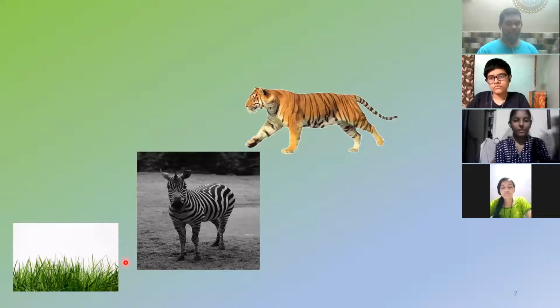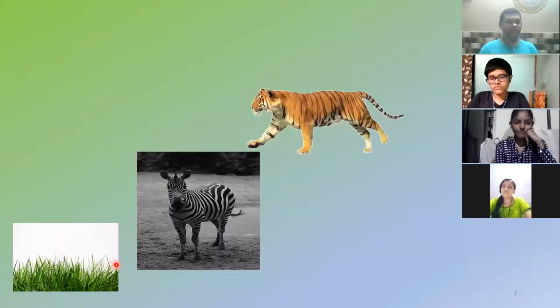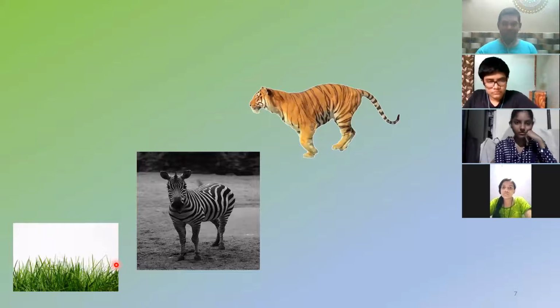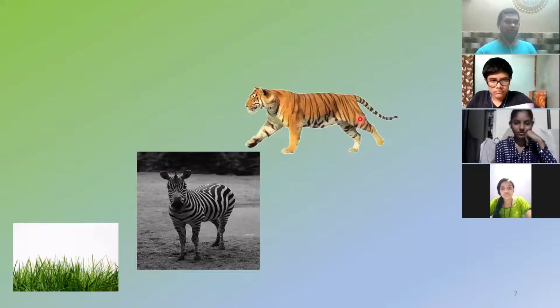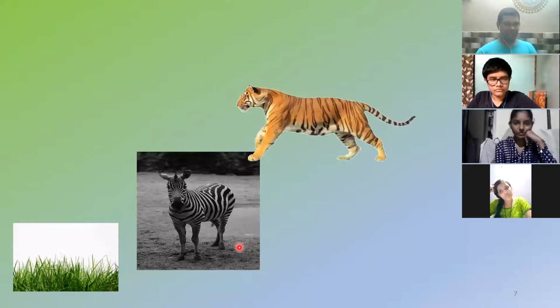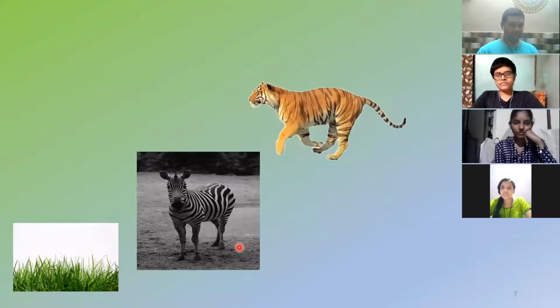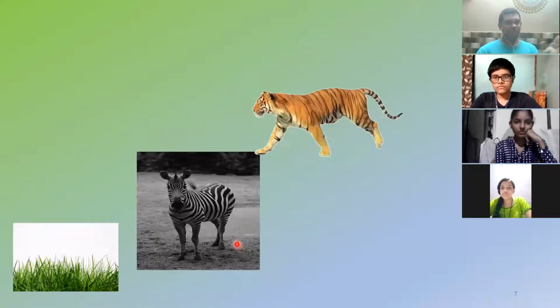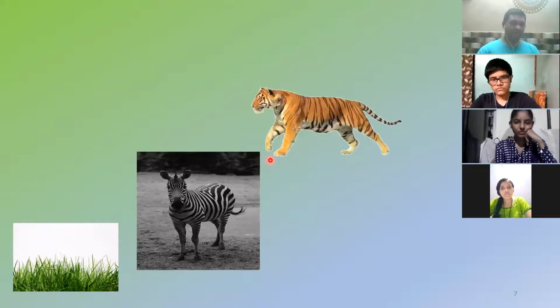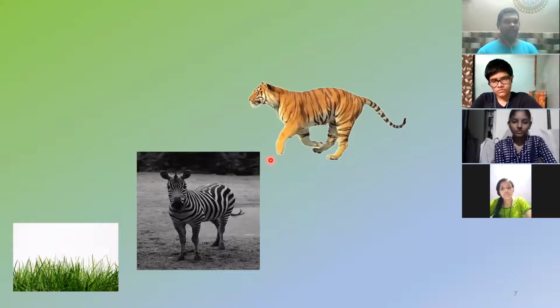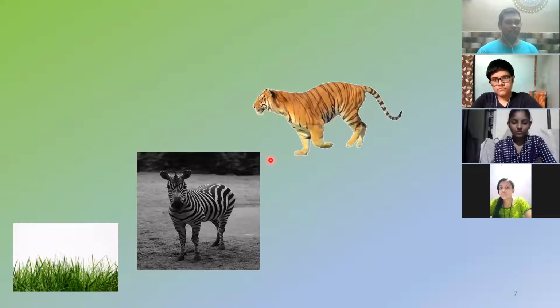That means those grasses which are not eaten, sometime or the other, the grasses will die on its own. Similarly, the tiger is not going to eat all the zebras on the earth. There will be some zebras which will die a natural death at some point of time. And the same applies for tiger also. Now, nobody is going to eat a tiger, of course, but the tiger will die a natural death because every living organism has got its own lifespan.